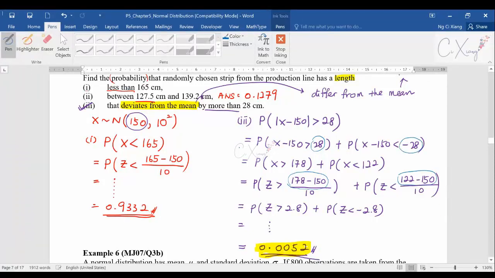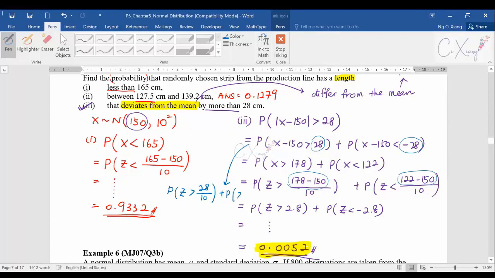So some of the students might skip these two steps and jump straight to this one, where they change it to z straight away. They just take 28, because 28 is already minus the mean value, then divided by the standard deviation.